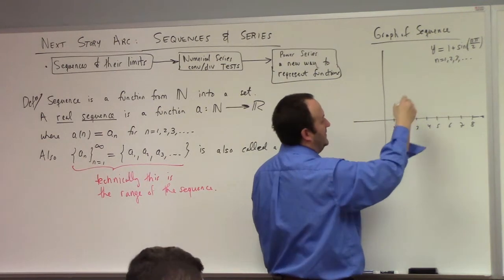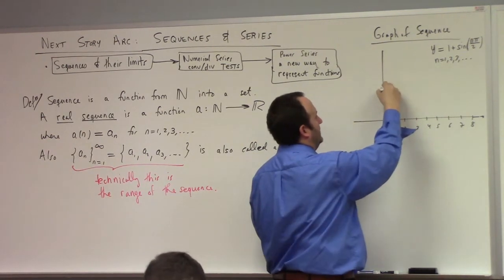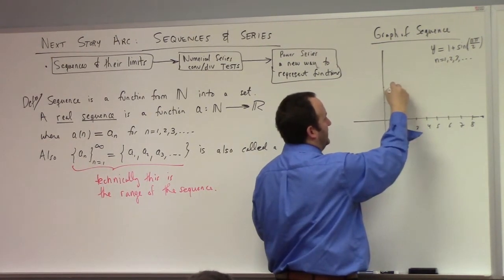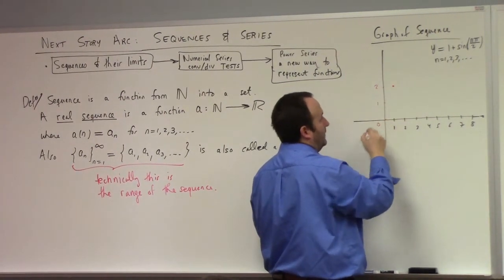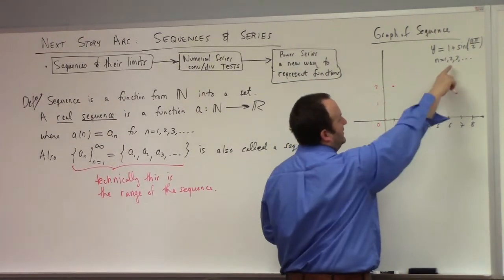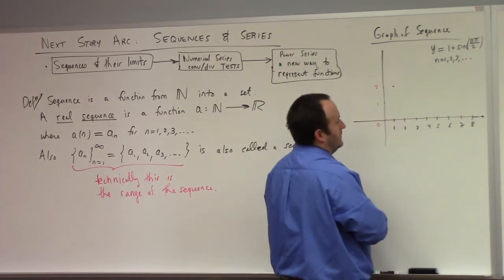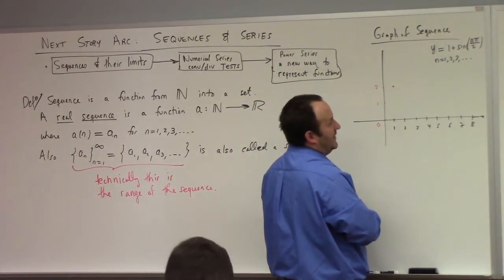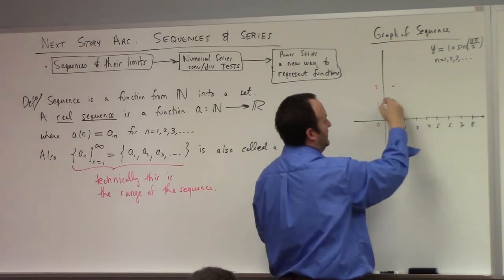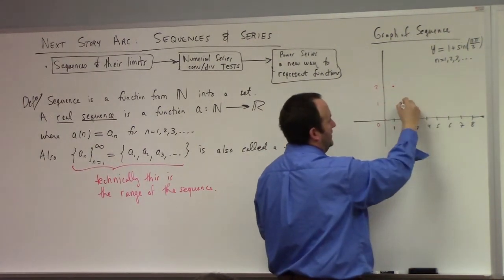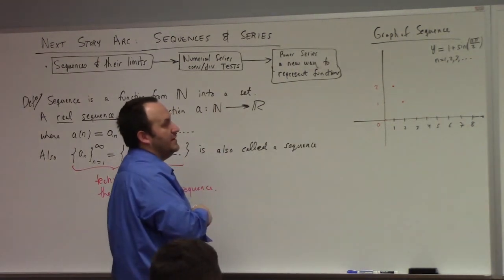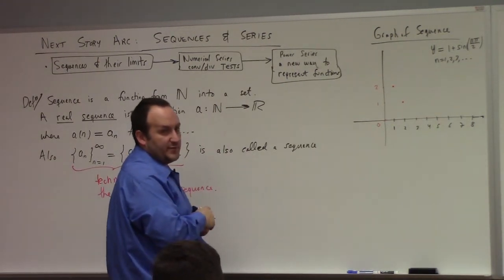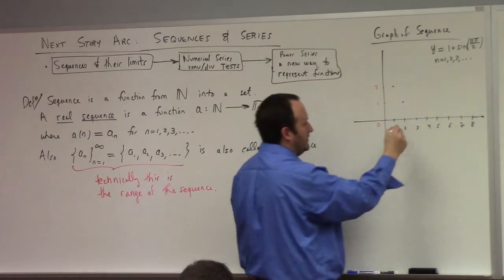So 1 plus 1 is 2. I'll do it a little bit not to scale. There we go. And then when we plug in 2, what do we get? Sine of pi, which is 0, right? So that just becomes 1 plus 0, which is 1. How about 3? Sine of 3 pi over 2 is minus 1. So minus 1 plus 1 gives me 0.